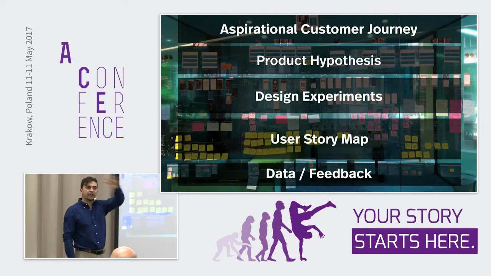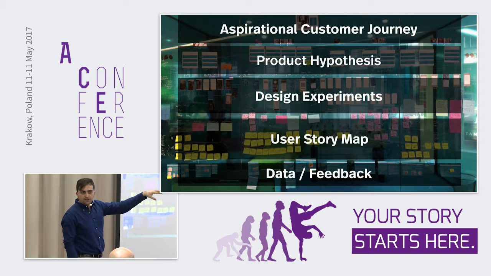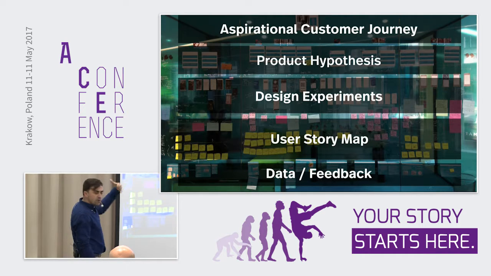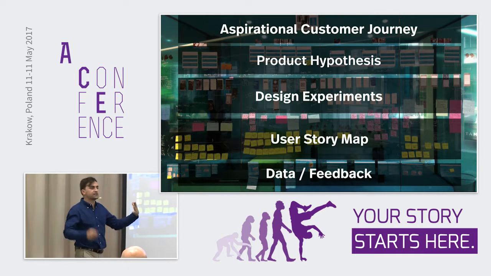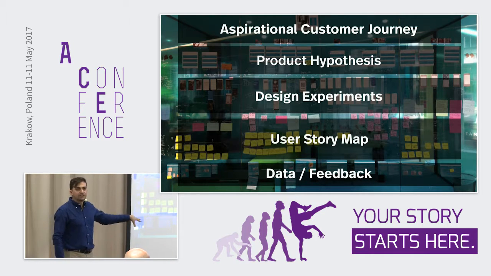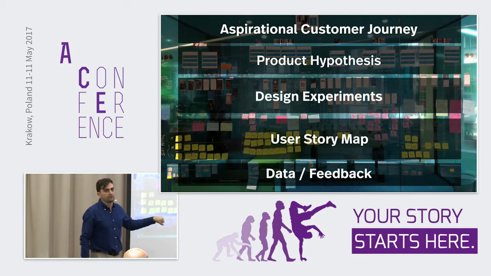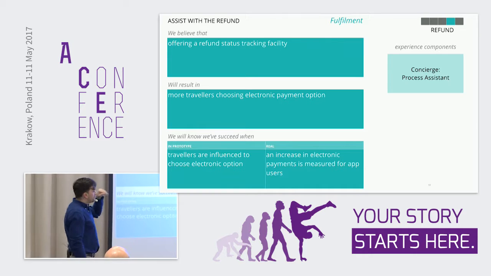On top of that, we can describe what we are building: hypotheses of the product, also models that we believe can explain how the system could act, design experiments, story map, and data, feedback, things we are collecting from the ground. It looks pretty much like this.